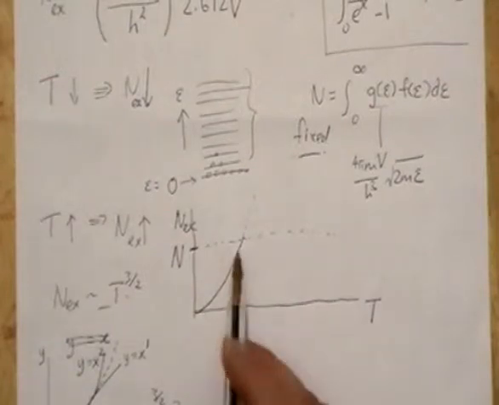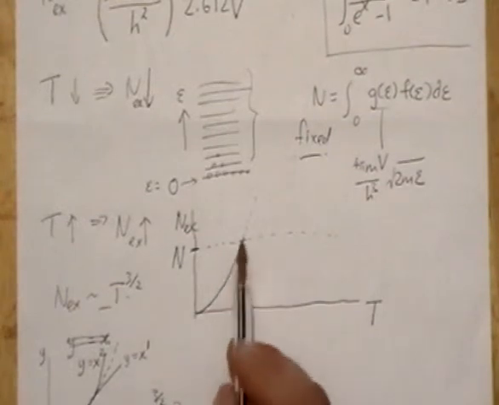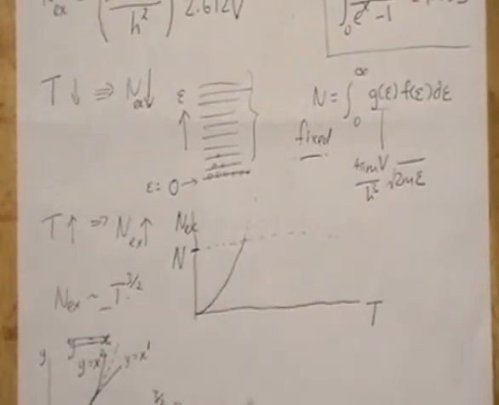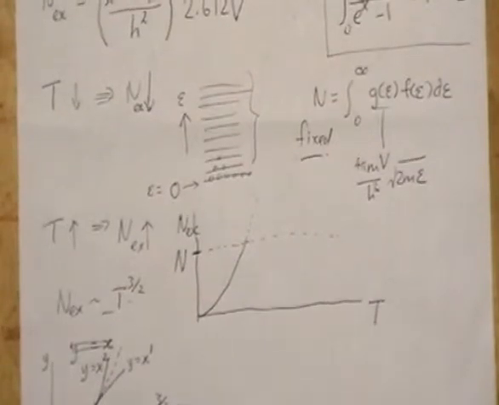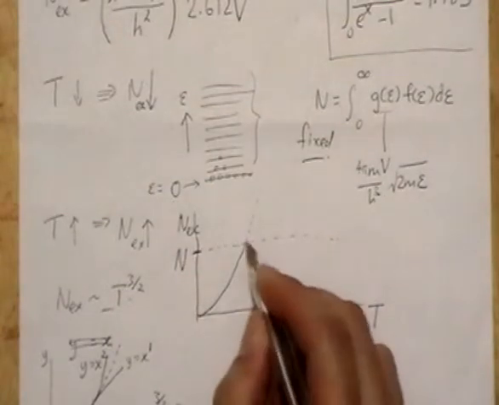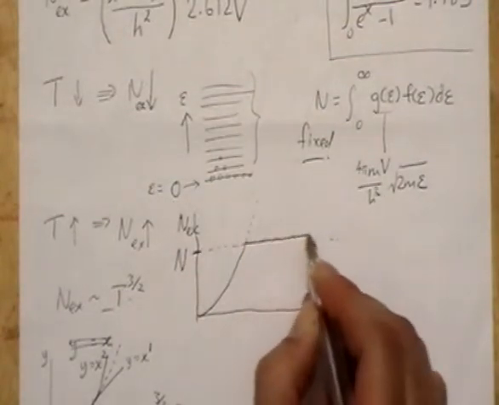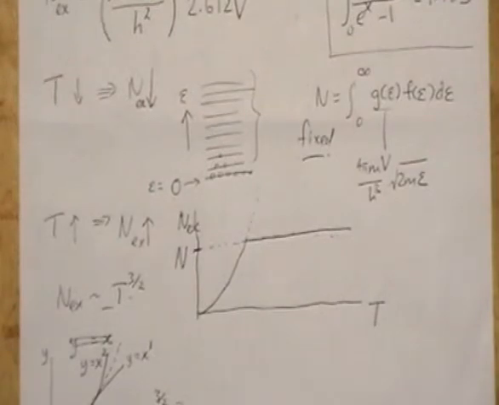Therefore, when NEX hits N, this curve has to stop, and as temperature increases further, the number of excited particles will just stay fixed. So the graph goes along the horizontal line. And that's more physically reasonable.